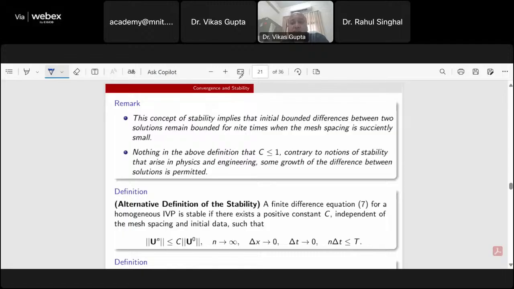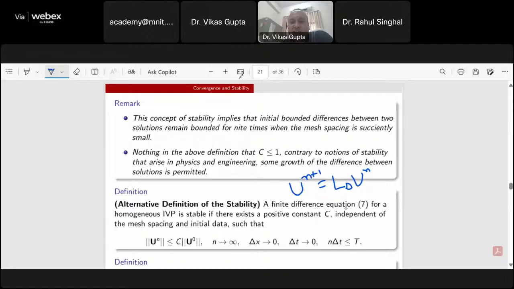A finite difference scheme 7. What is the finite difference scheme 7? U n plus 1 is equal to L delta U n. So basically, if we are able to bound the growth of this matrix L delta in some norm, then we can say that our finite difference scheme is stable.